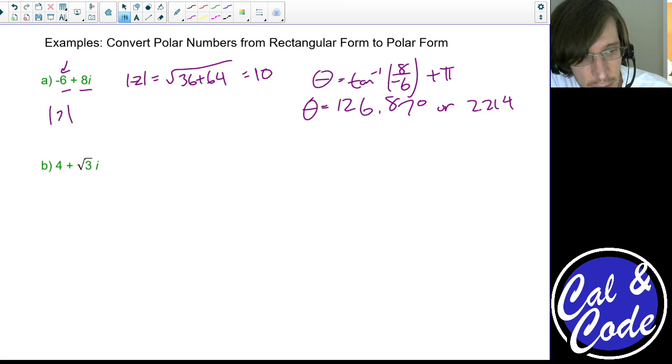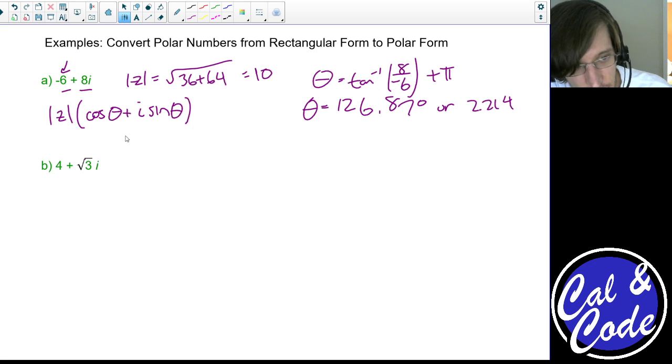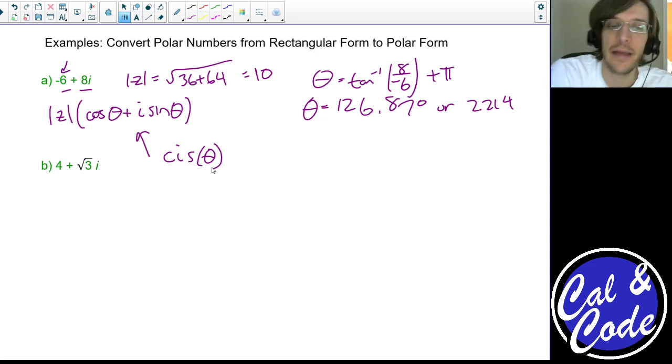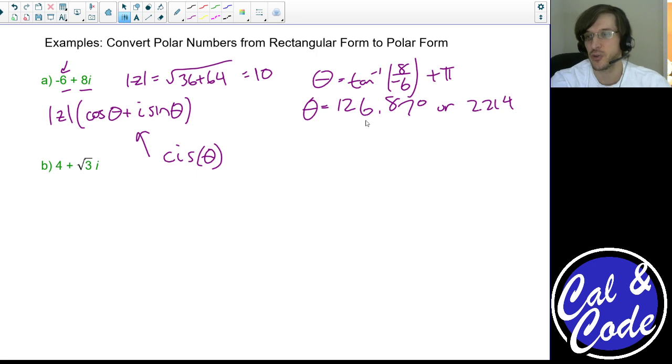The way I'd want you to write this is the absolute value of z times the cosine of theta plus i times the sine of theta. Sometimes this is called cis theta. I've seen people write it like that. Please don't write it like cis theta. I want to make sure you understand what that stands for, but that might help you remember the way it goes: cosine, then the i sine.